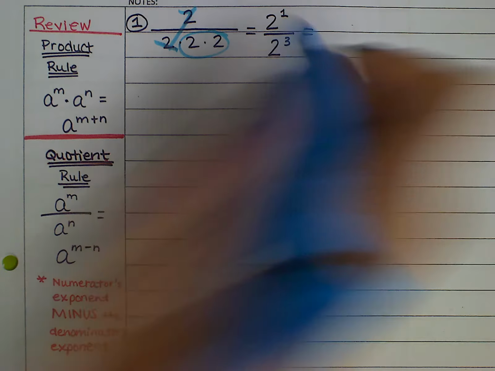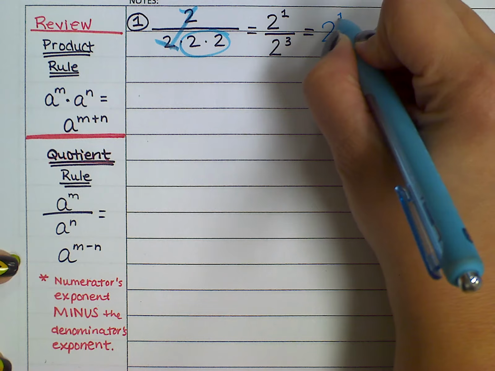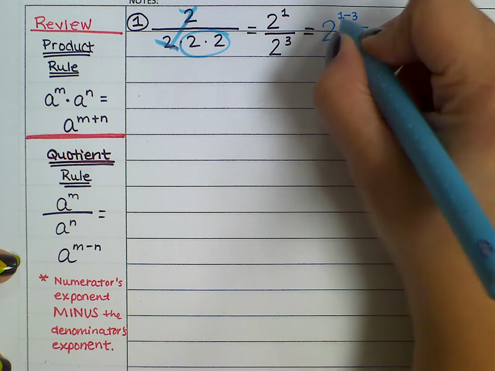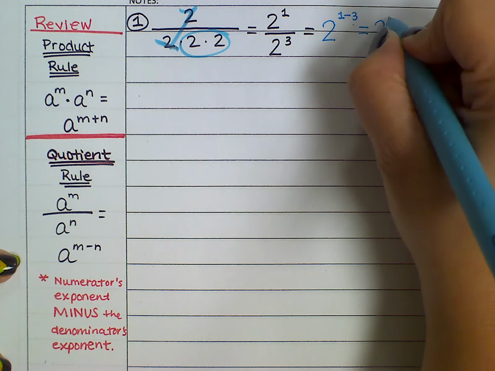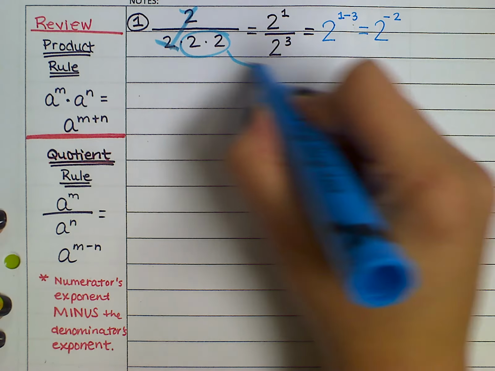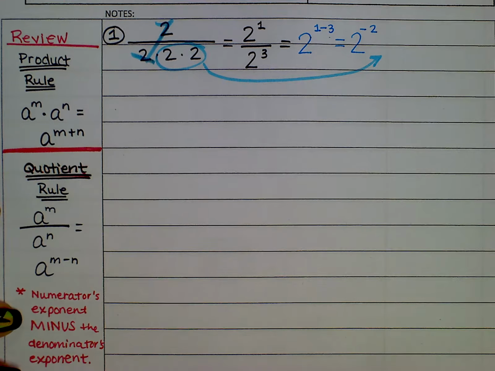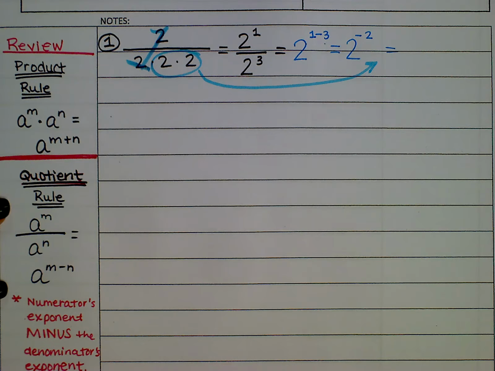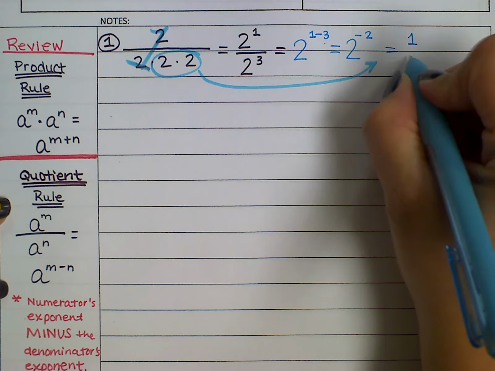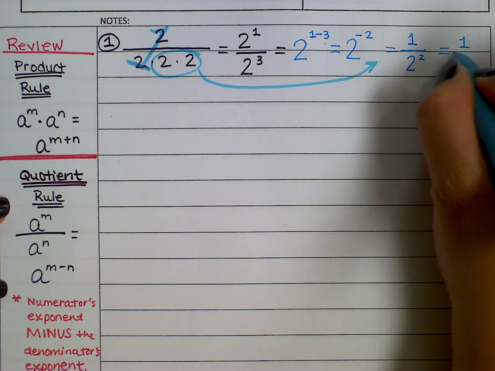So our quotient rule states 2 to the power of numerator minus denominator. And that would give us 2 to the power of negative 2. But we already know that our answer here, and we know that that gives us 2 on the bottom, which is 2 squared, or simply our final answer of 1/4.